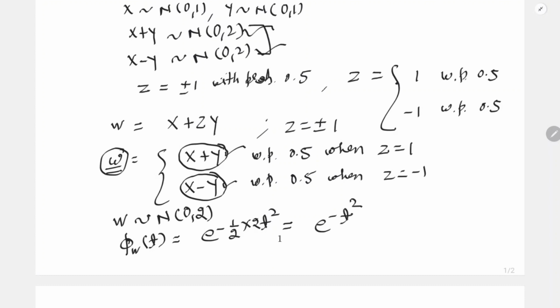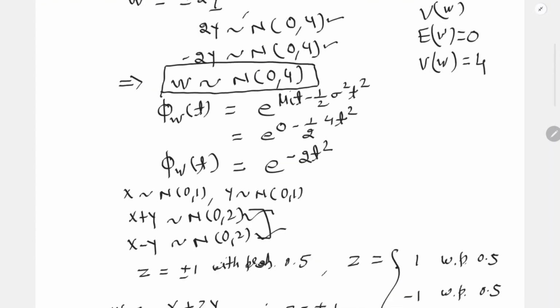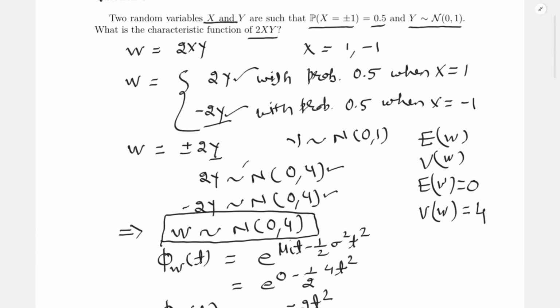So we can revise it again. We have a random variable X which takes positive 1 and negative 1 values with probability 0.5, and a random variable Y following a normal distribution with parameters 0 comma 1. Now we are asked to find the characteristic function of 2XY. If X takes positive 1 or negative 1, then 2XY will be either positive 2Y or negative 2Y.